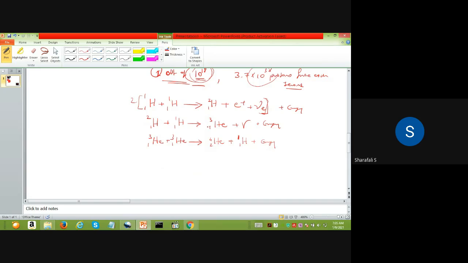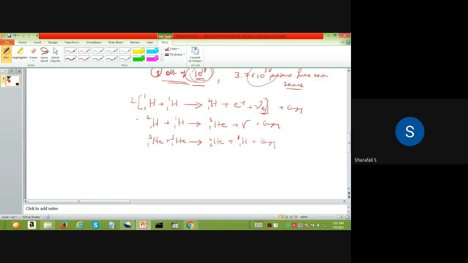So 1 nucleon here, 1 proton here, 1 proton and 1 neutron here, 1 proton, then we have 2 neutrons, right? So you have to arrange the reaction because we do not have an equal number here.